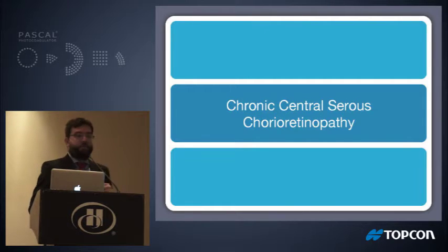First with chronic central serous chorioretinopathy. We have a study with 20 patients, 21 eyes, more than 12 months of follow-up, and we see that these patients gain vision after 1 month, 2 months, and remain so for the whole follow-up of 12 months.